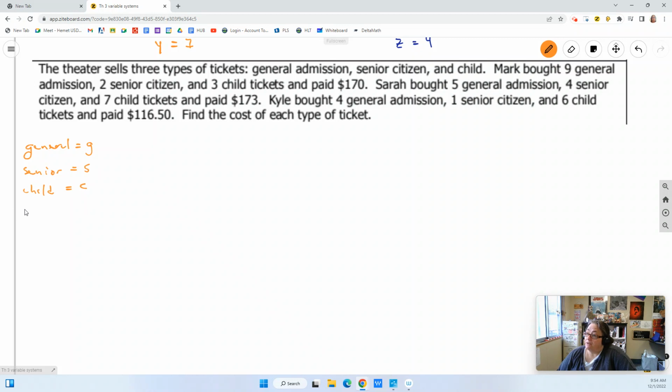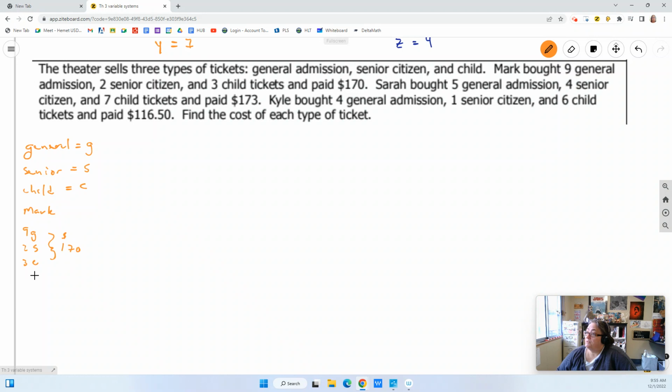And we know that Mark bought 9 G tickets, right? And he bought 2 senior citizen tickets, 2S, and 3 child tickets, right? And he paid a total of $170. That was Mark.